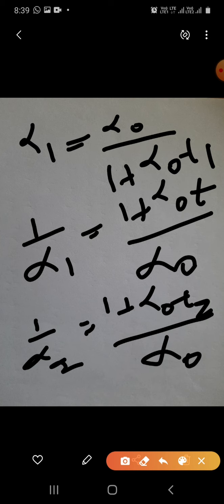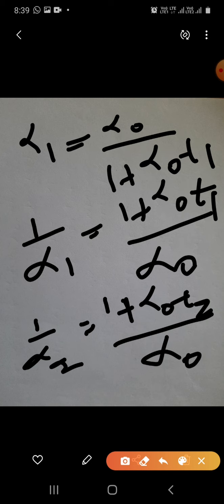So 1 by alpha 1 is 1 plus alpha 0 T1 by alpha 0, and similarly 1 by alpha 2 is 1 plus alpha 0 T2 divided by alpha 0.